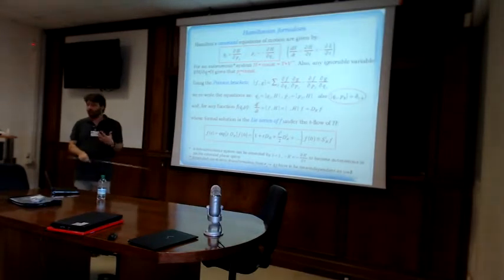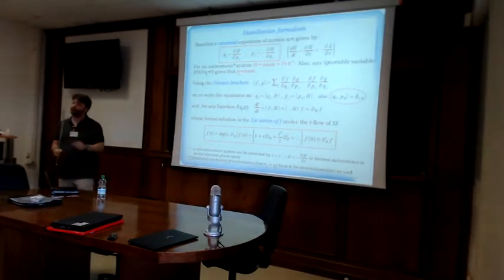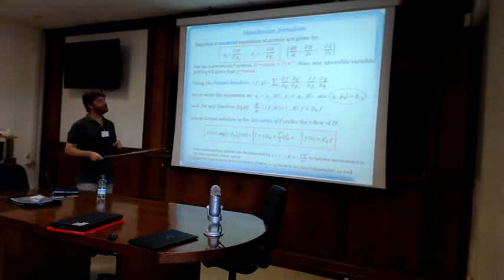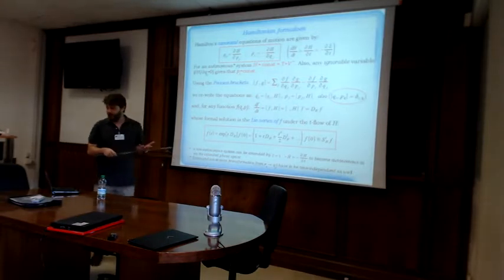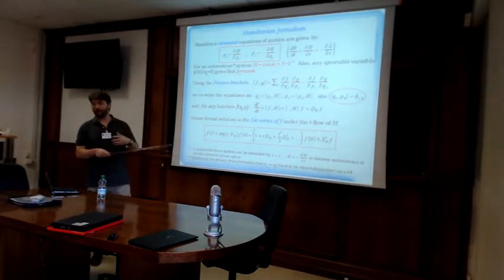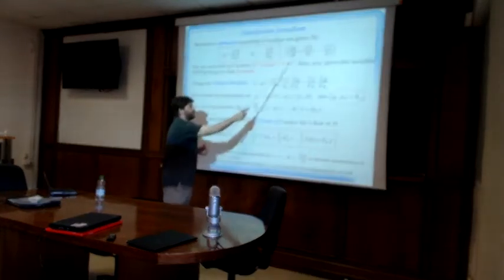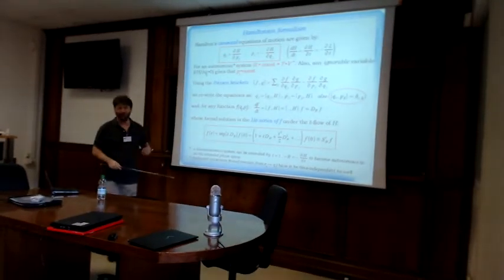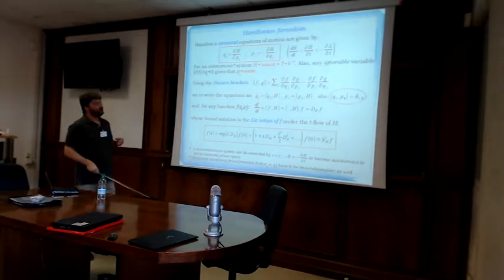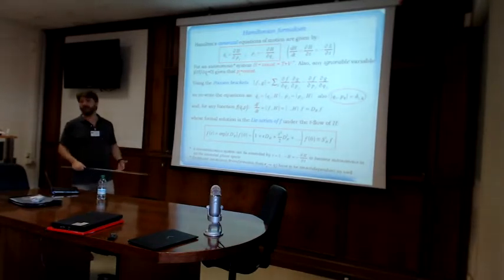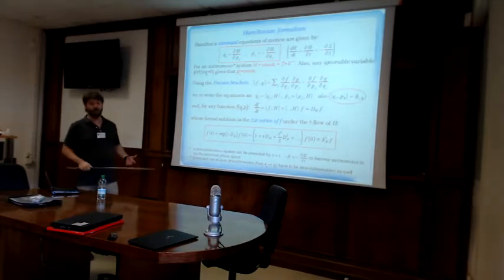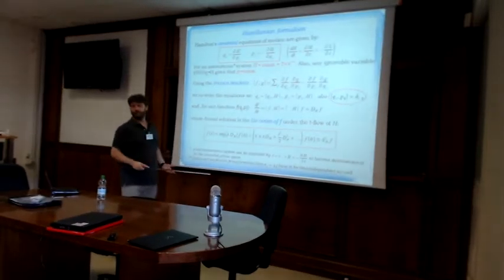Now, if the system is autonomous, so it does not depend on time, or you can make it autonomous by extending to free space, the Hamiltonian is constant. Frequently, if you choose the coordinates nicely, and you are in an inertial frame and so on, this is just the total mechanical energy. Now, also, if there are ignorable variables, meaning that one of the variables is missing from the Hamiltonian, then the respective momentum is an integral of motion.